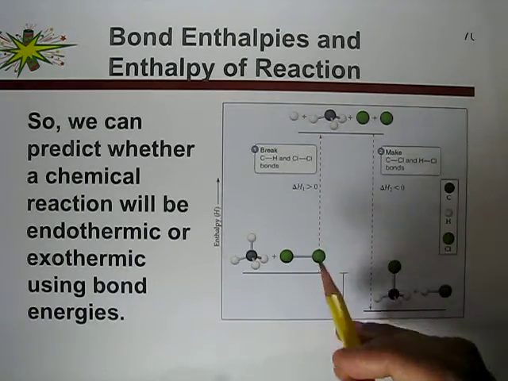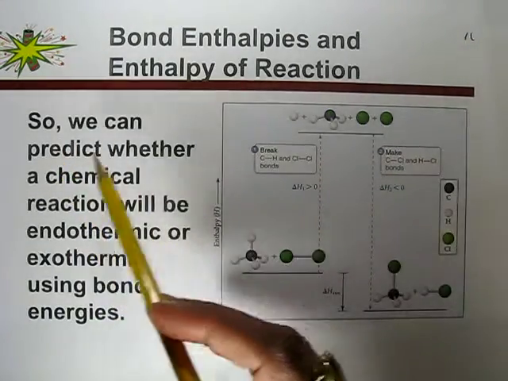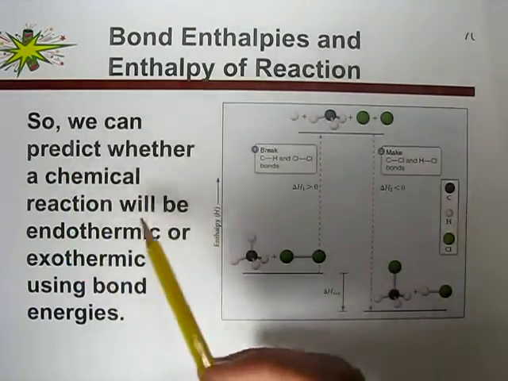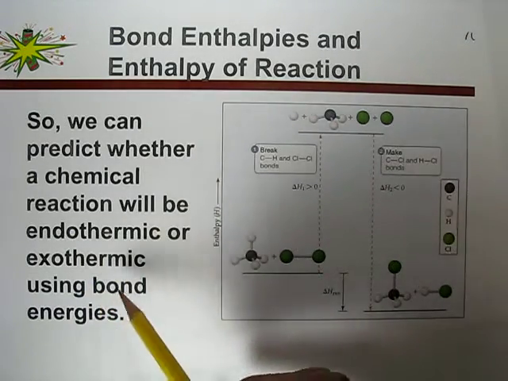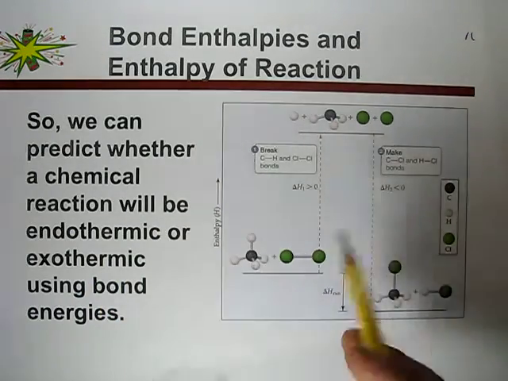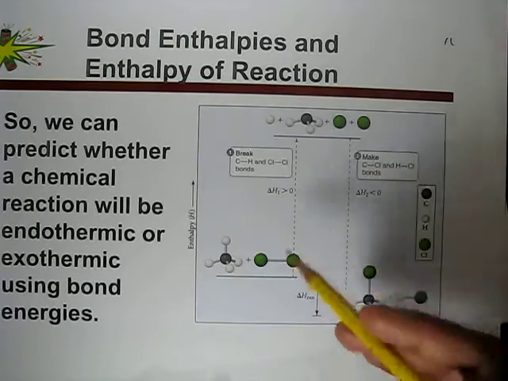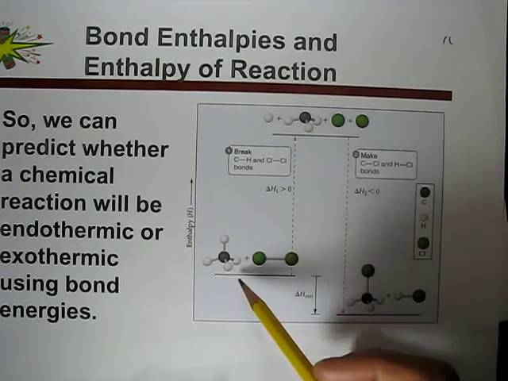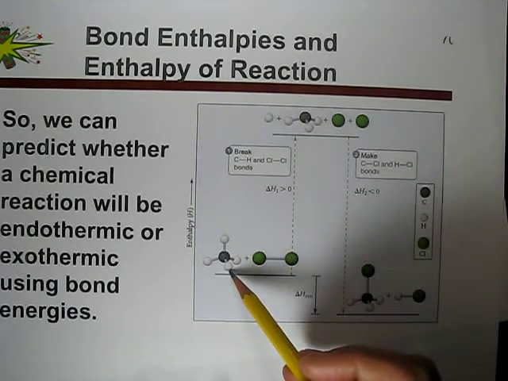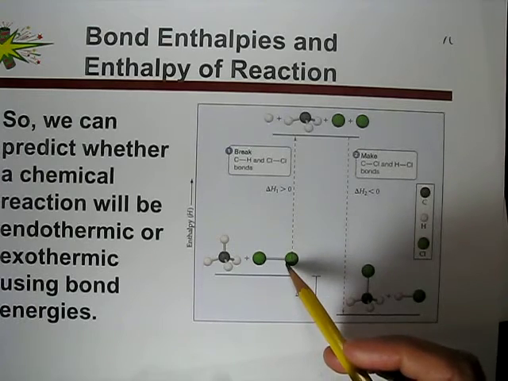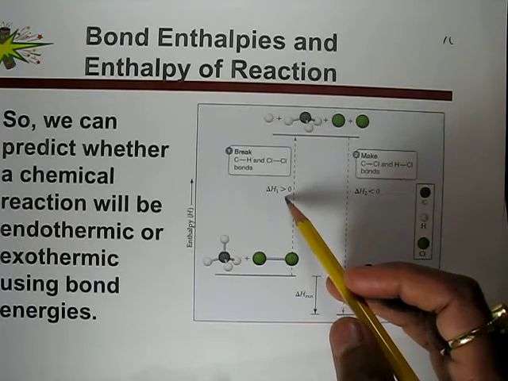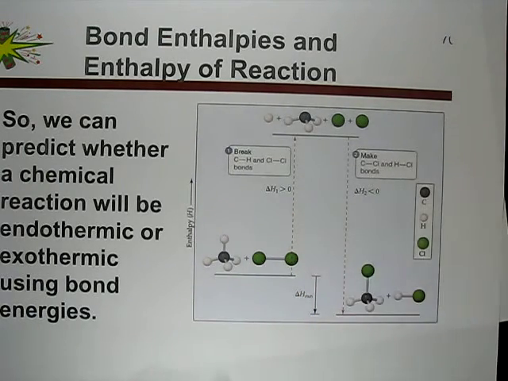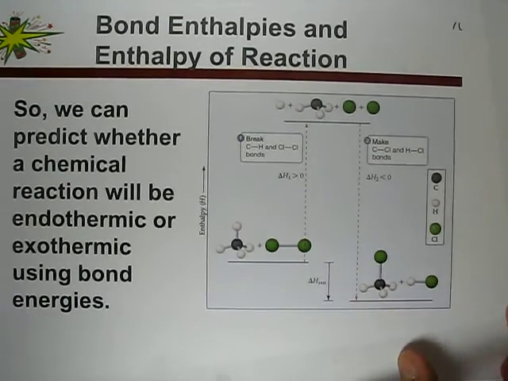We can predict whether a chemical reaction will be endothermic or exothermic using bond energies also. For example, this is methane gas and this is chlorine gas. Energy is required to break these bonds.